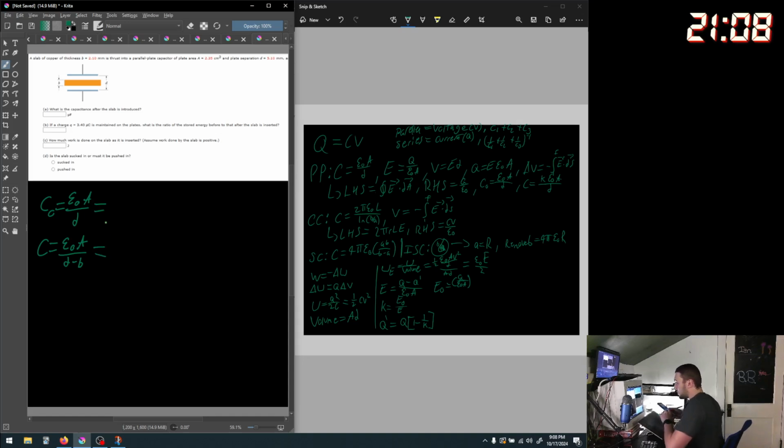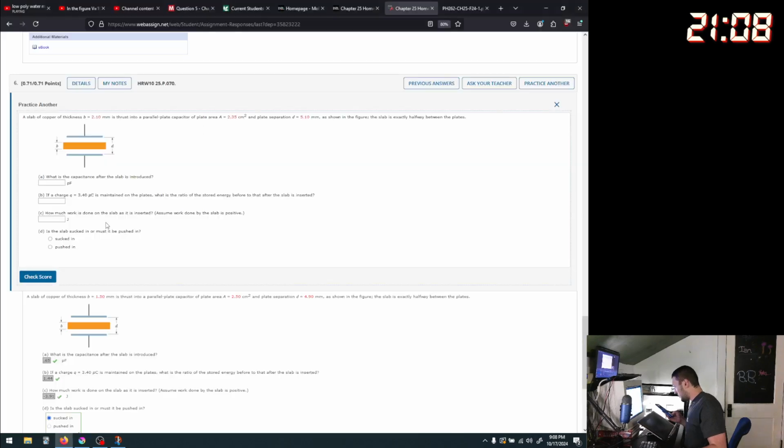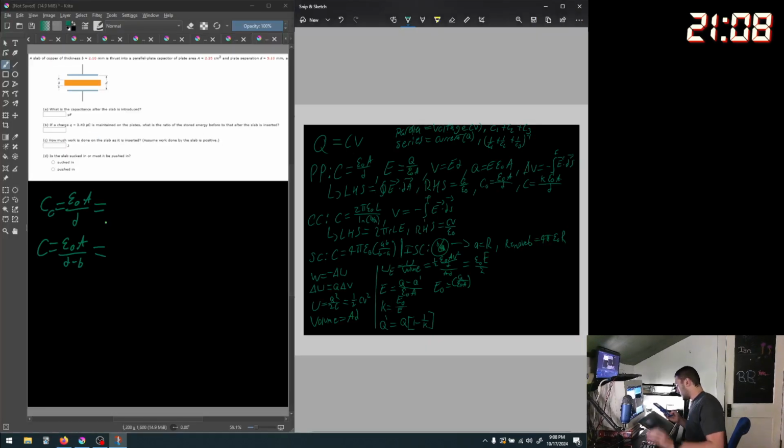So this one's going to be, oh, let's see. Is it 2.35? I actually cannot read that at all. 2.35. So let's first convert this. 2.35 centimeters squared into meters is going to be, oh boy, I shouldn't have wrote those right there. A equals 2.35 times 10 to the negative 4 meters.